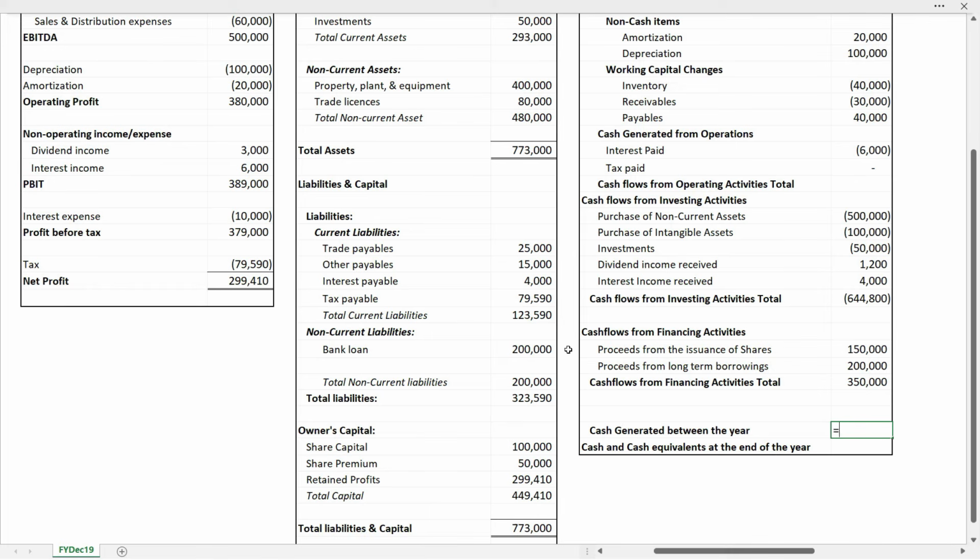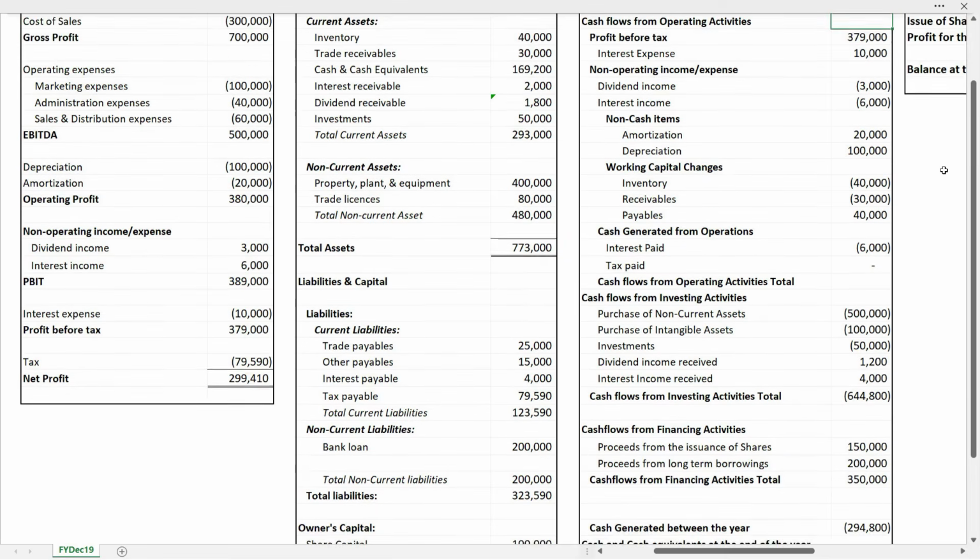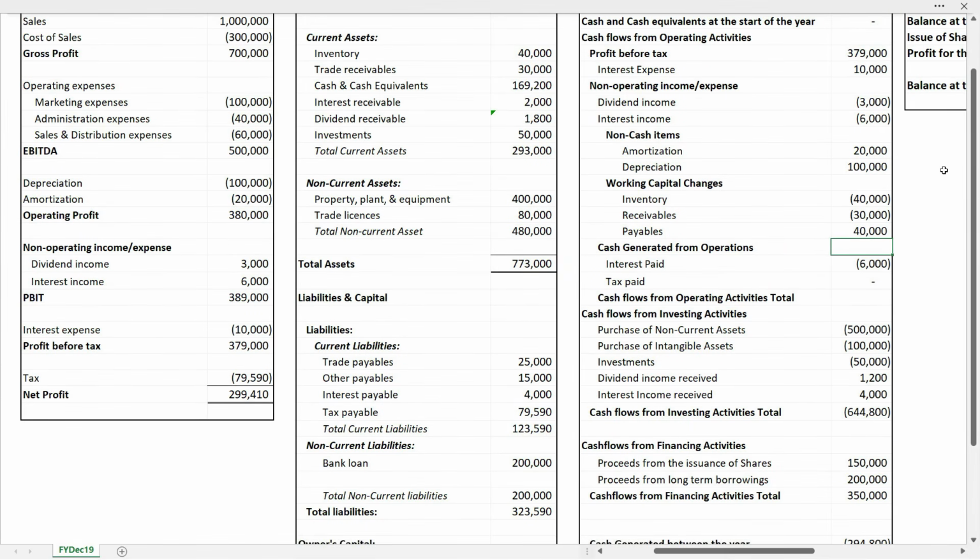Now we have to reach cash generated between the year, which is sum of financing plus investing plus operating. We haven't done the total here, so I will use this blank cell, go back and do the sum first. I'll press enter for now and go back, and first of all we should be generating cash generated from operations, which should be this value here, equals sum of all of these values beginning from profit before tax.